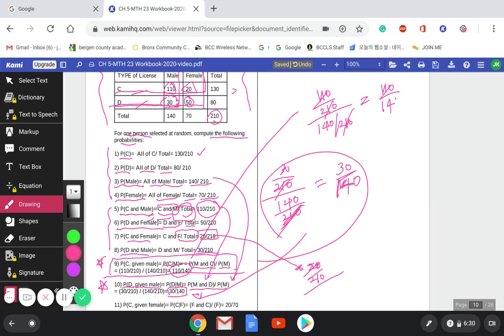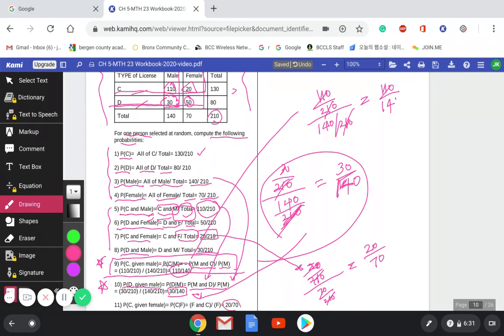Female was 70 out of 210. So 210 and 210 cancel out. You will end up with 20 out of 70 as a final answer.